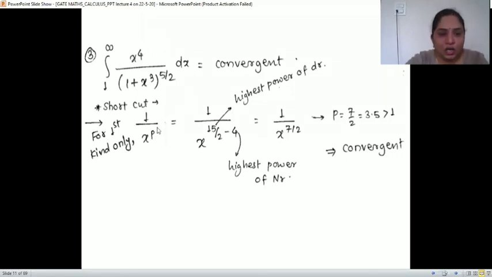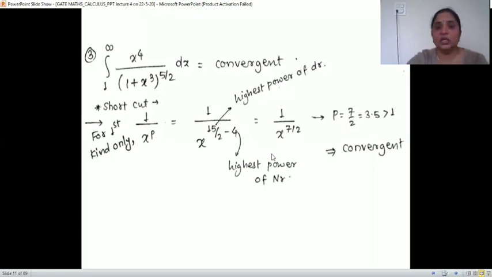So we'll try to write 1 upon x raised to p. Whatever is the power in the numerator, we take to the denominator. So it is x raised to 15 by 2, and then 4 in the numerator will come down as minus 4. So it is 1 upon x raised to 7 by 2. Actually, this is your g of x.